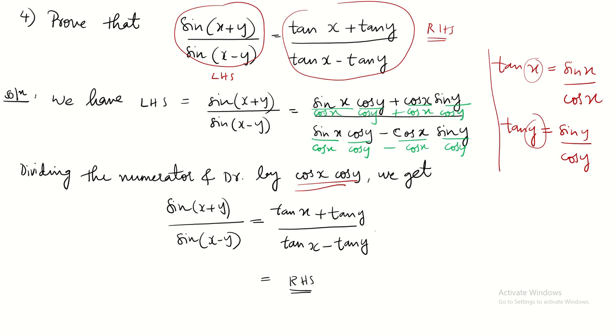So sin x by cos x, that is tan x here. Now cos x got cancelled, plus, cos x got cancelled, sin y by cos y, tan y. Similarly in the denominator, sin x by cos x you have tan x, cos y got cancelled, minus, again cos x got cancelled, sin y by cos y, it is tan y.